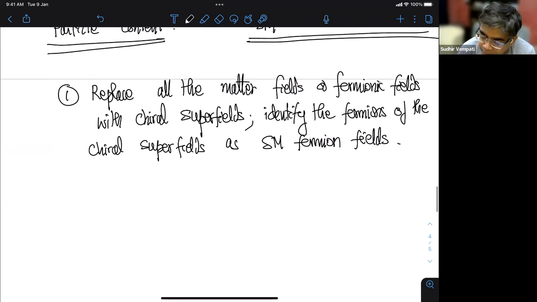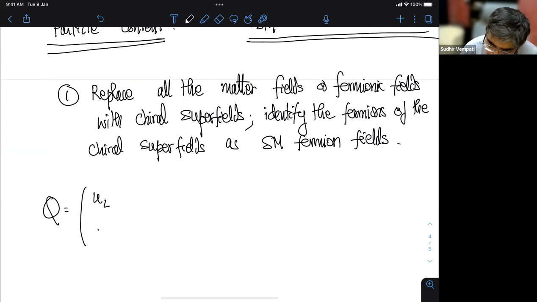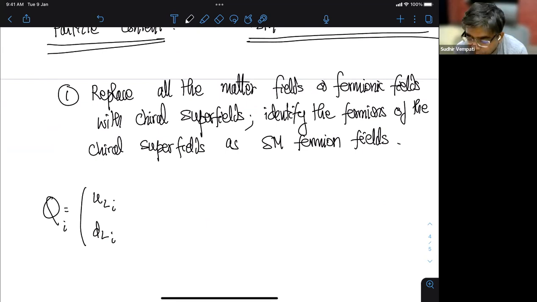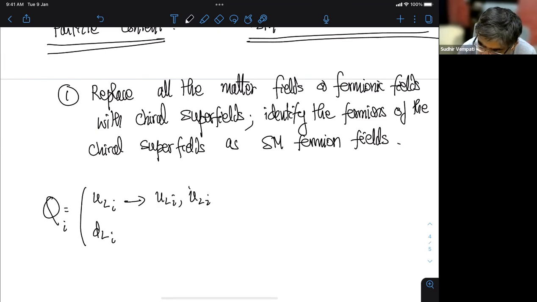So what are all the matter fields in the standard model? Let's start with Q, which is essentially U_L, D_L. Let's put a generation index. According to this rule, each left-handed component or right-handed component should go into a chiral superfield. So U goes to U_Li, U_Li tilde, which is a chiral superfield. D goes to D_Li, D_Li tilde.